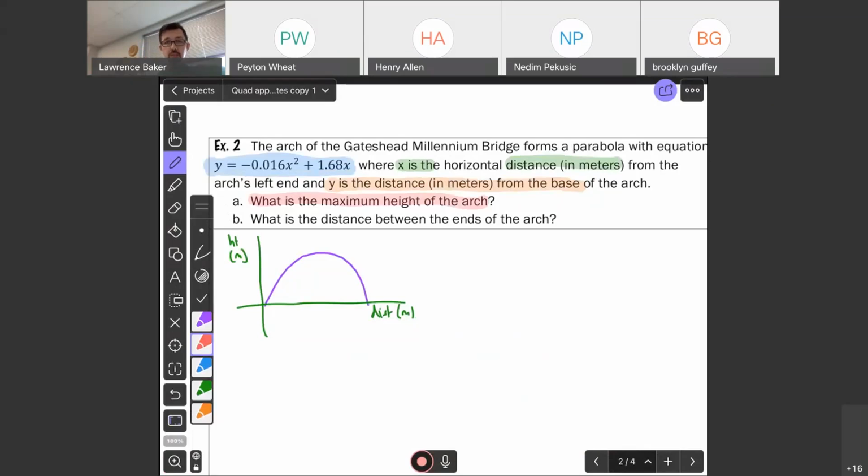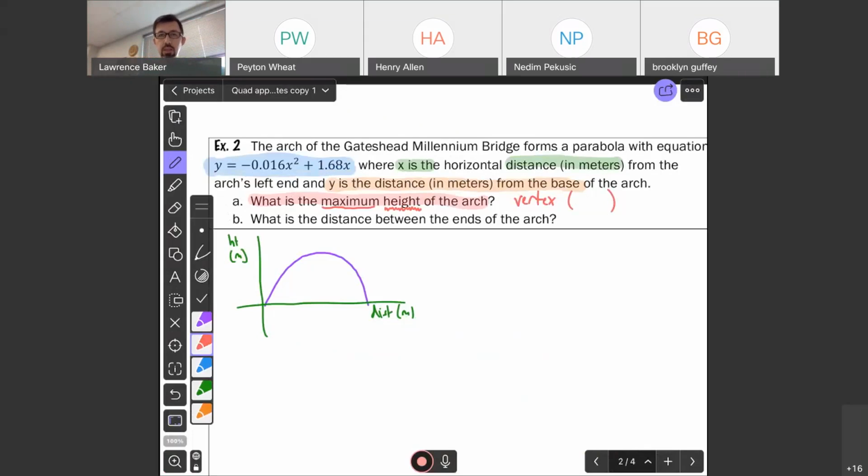Okay, Tatum's saying to find the maximum, we need to find the vertex. What about this, Tatum? What's that referring to when it says height? Vertex is a point. So what do they really want from us? Which one? Gotta be more specific than that, Evan. Evan's saying the coordinate of the vertex.